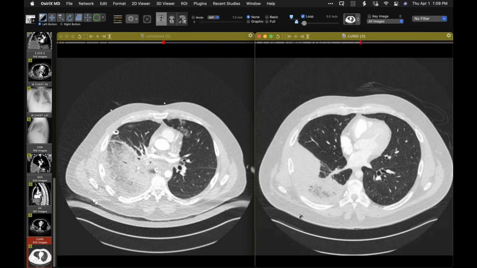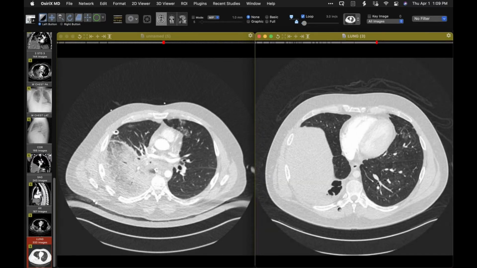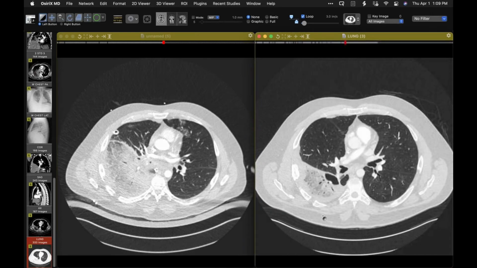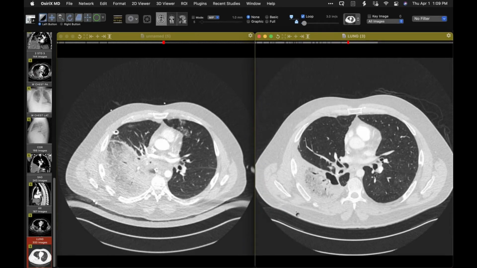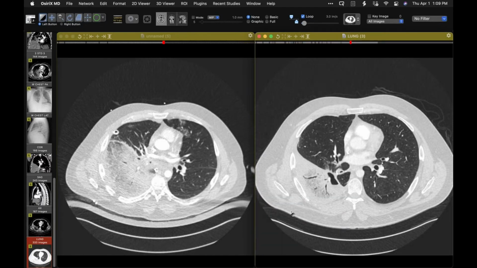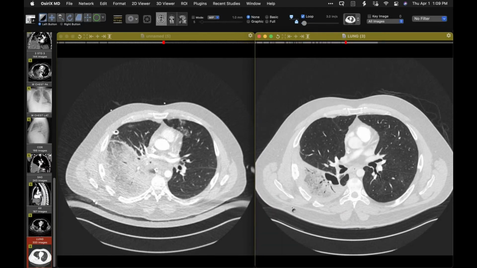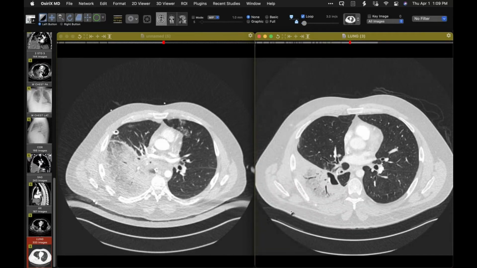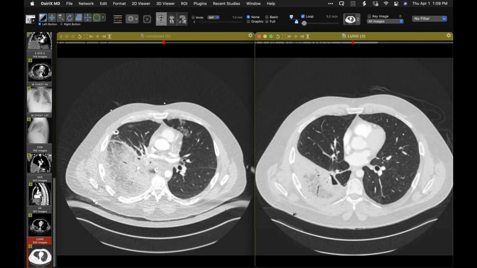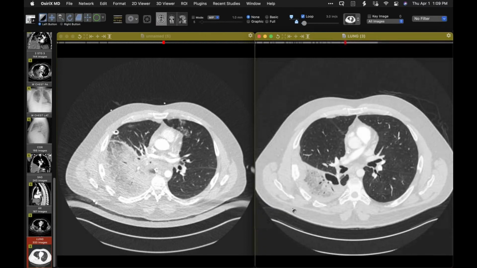There are some areas of cavitation that have developed within, like here and here, and still persistent abnormality in the lung consistent with that ischemic injury. So I personally think that they stapled off some vessels, resulting in that complication. But he's out and about.